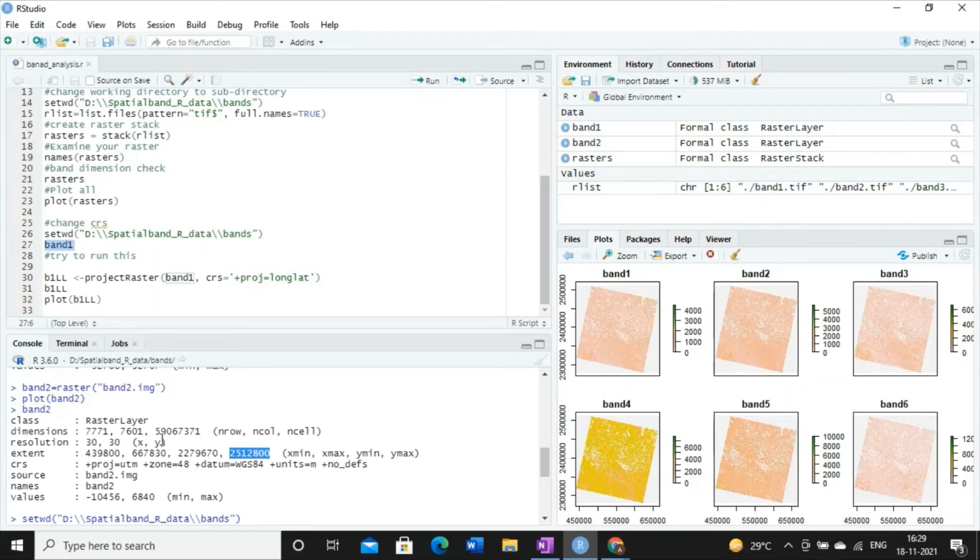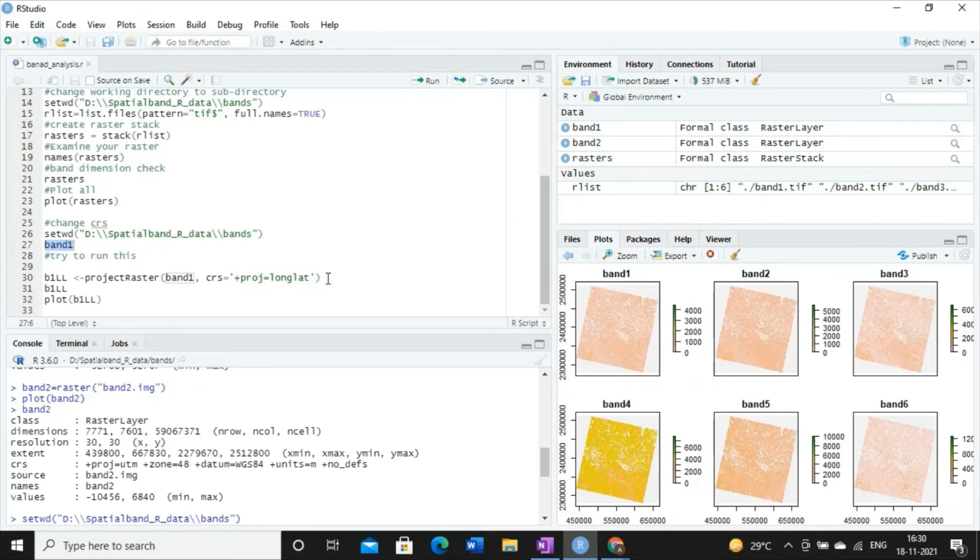Here we have the resolution of 30 meter by 30 meter. Why so? Because I have extracted data from Landsat to plot band 1, and Landsat has a resolution of 30 meter by 30 meter.